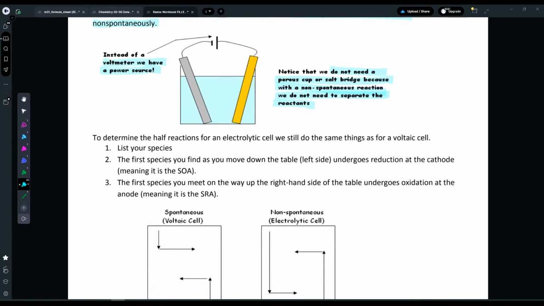So to determine the half reactions for an electrolytic cell, we still do the exact same things that we were doing back when we were talking about voltaic cells. So the first step is still going to be to list our species. Then we're going to figure out what our SOA is and what is our SRA.